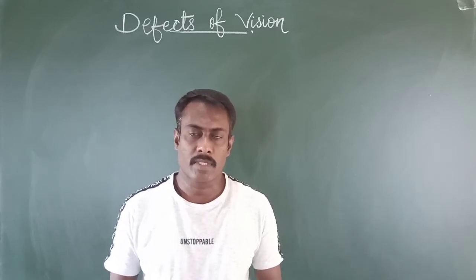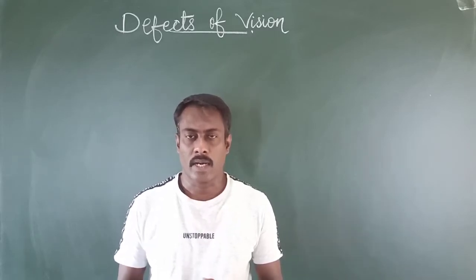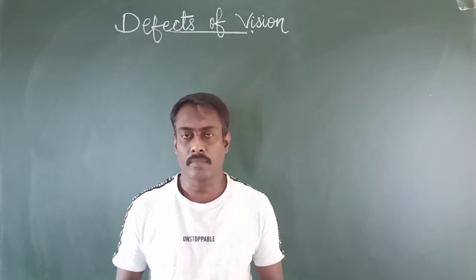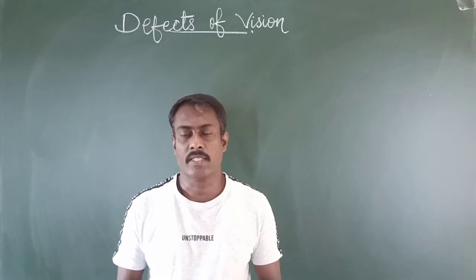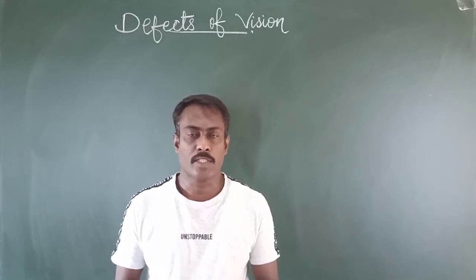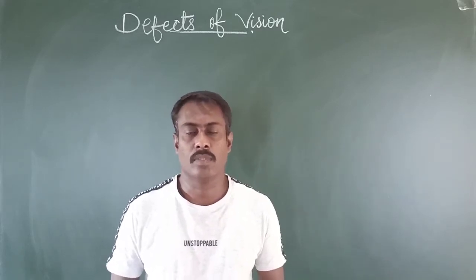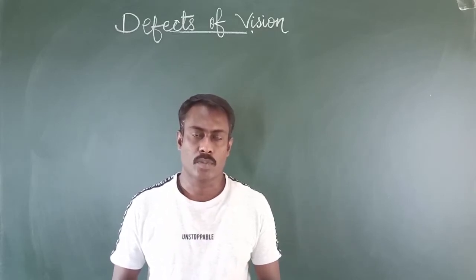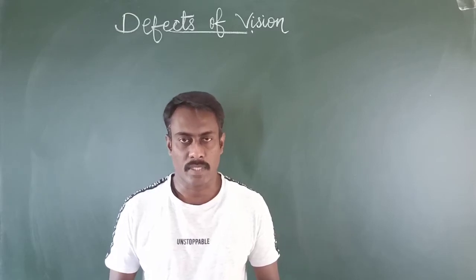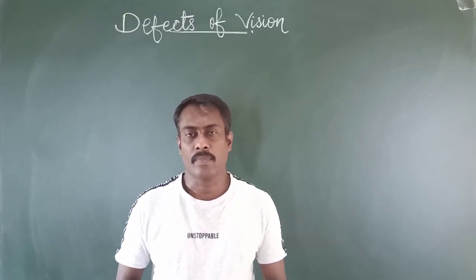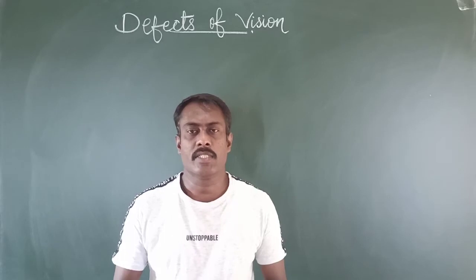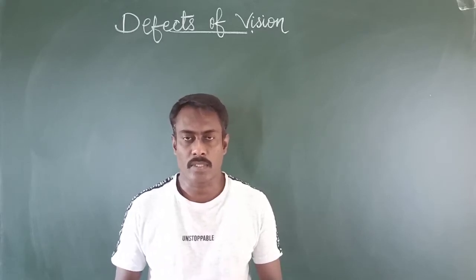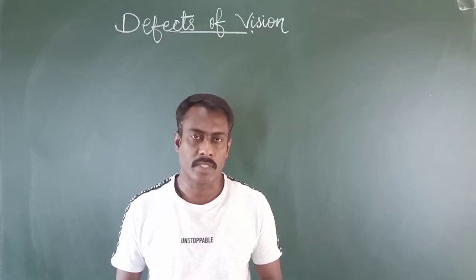But when these ciliary muscles contract, the curvature of the eye lens becomes large, so that the eye lens becomes thick, and the focal length of the eye becomes small, so it can see nearby objects clearly. In that way, a human eye adjusts itself to focus on nearby and far away objects.